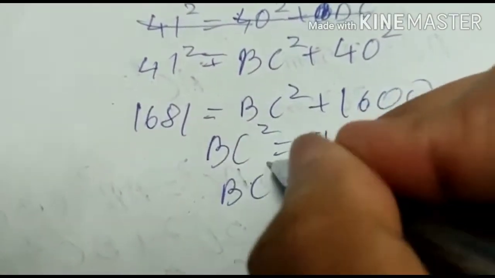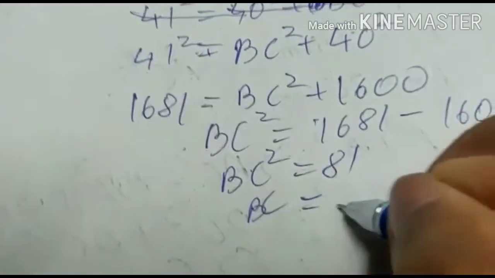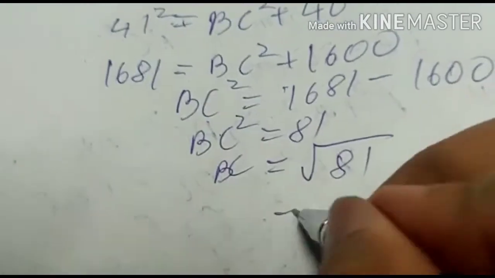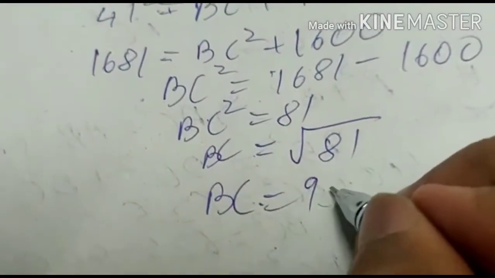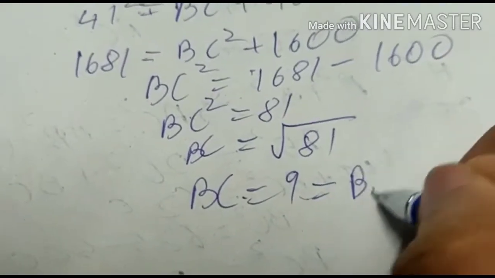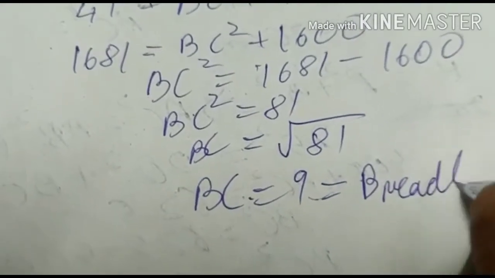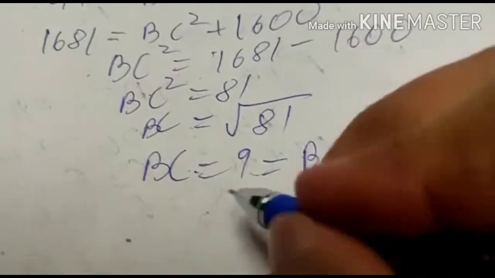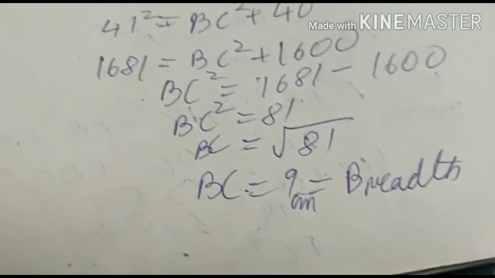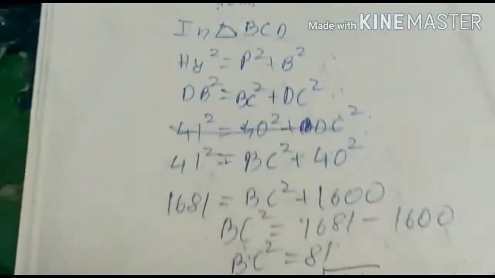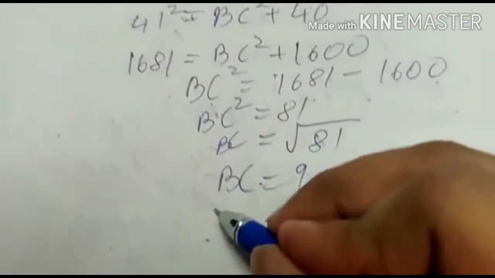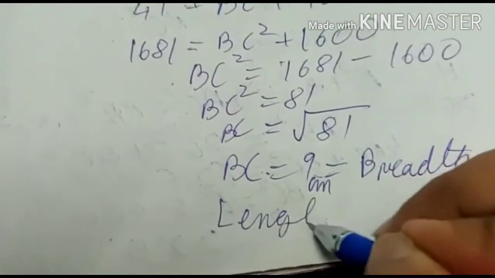BC square equals 81, BC equals root 81, and root 81 is 9. So the value of the breadth is 9 centimeter. Our length was 40 centimeter and breadth is 9 centimeter.